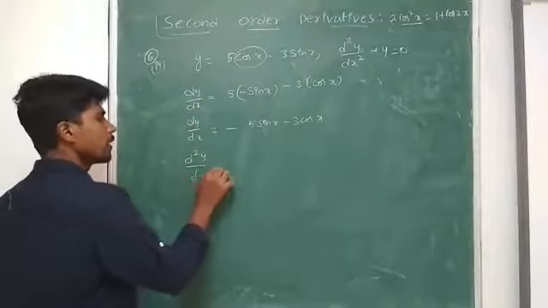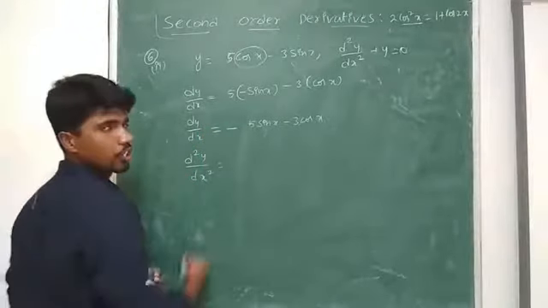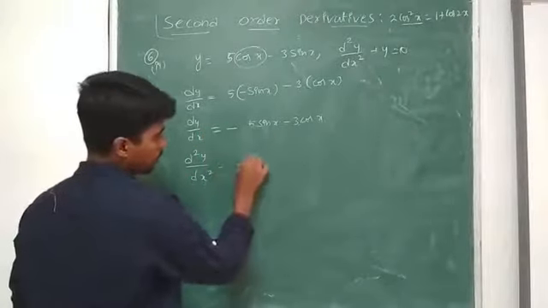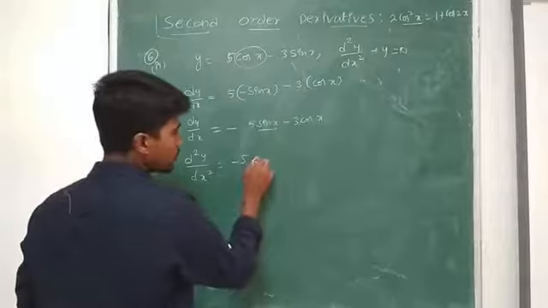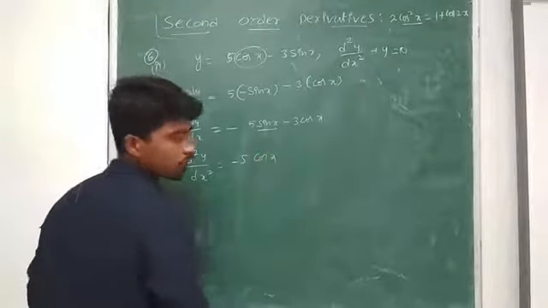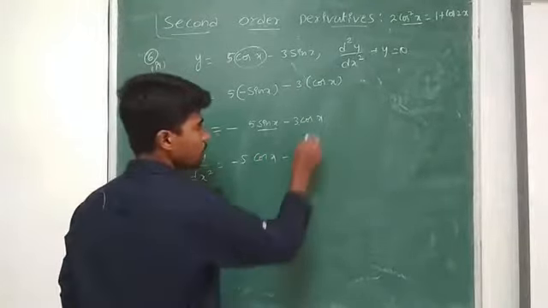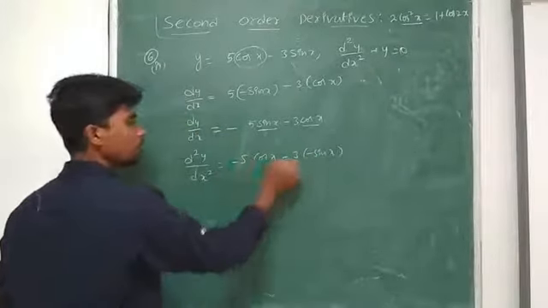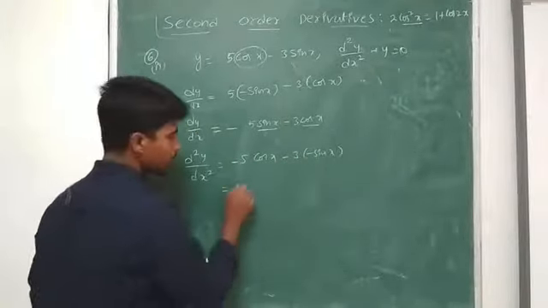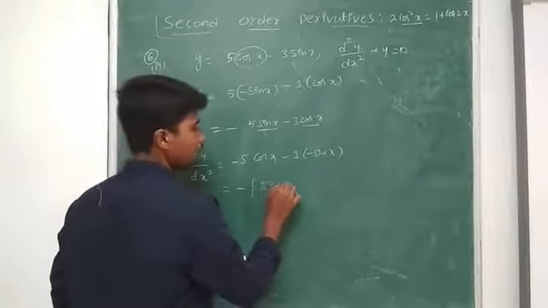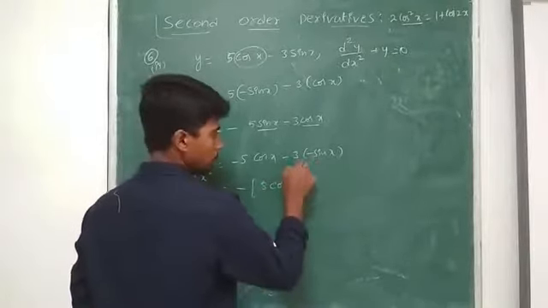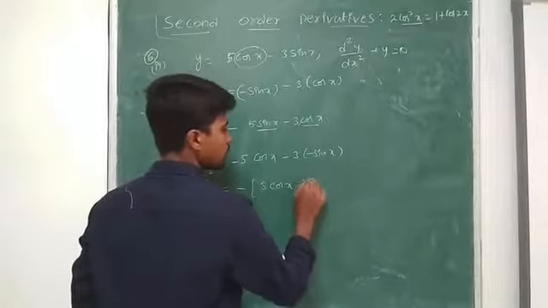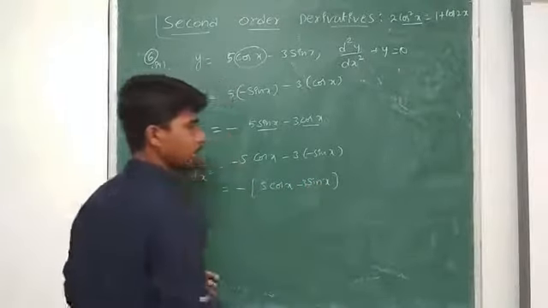Now d2y by dx square, again I am performing its differentiation: minus 5 constant, sin x differentiation cos x, minus 3 constant, cos x differentiation minus sin x. See here we have minus common, so I take minus common, I get 5 cos x minus 3 sin x.